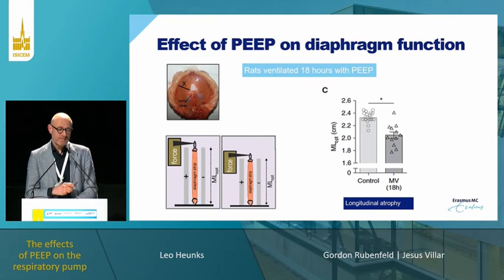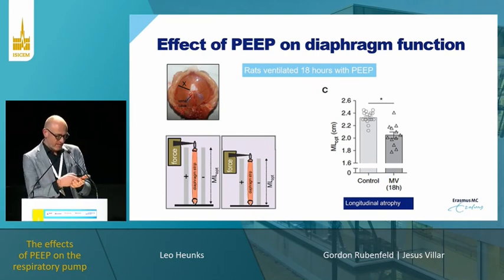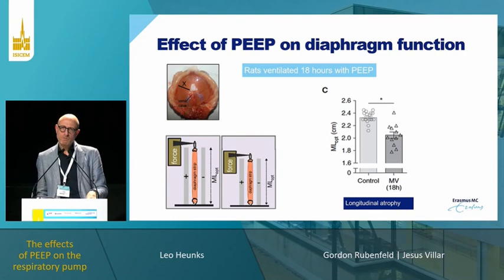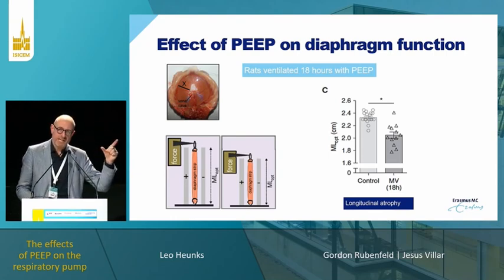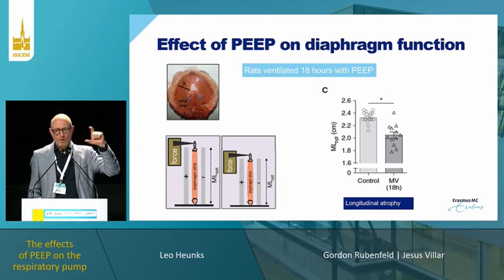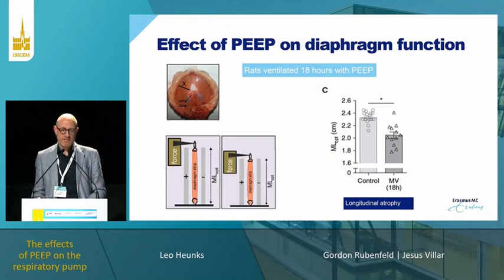Rats were ventilated with PEEP, and we measured certain things in diaphragm strips, so strips obtained from the whole diaphragm. And interestingly, what we found, already, but in rats things go quite fast, after 18 hours of mechanical ventilation, the optimal length for force generation of the diaphragm was reduced.